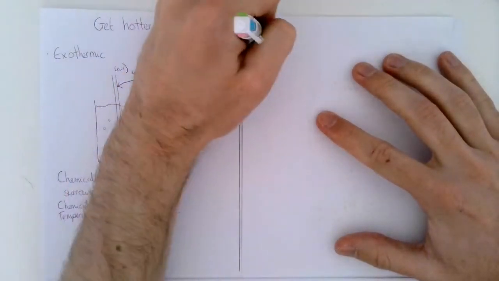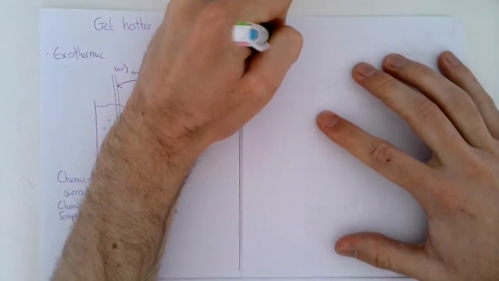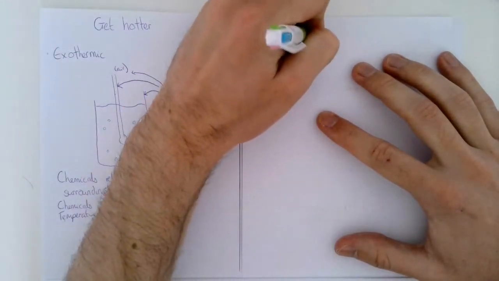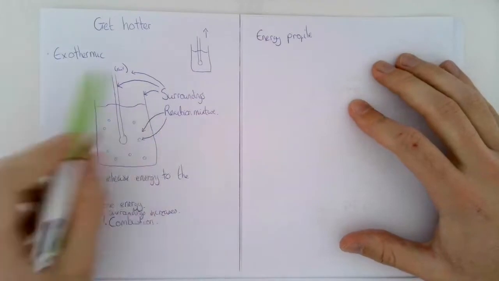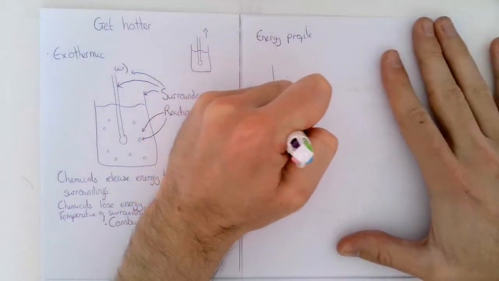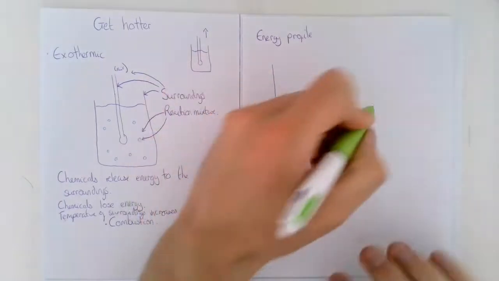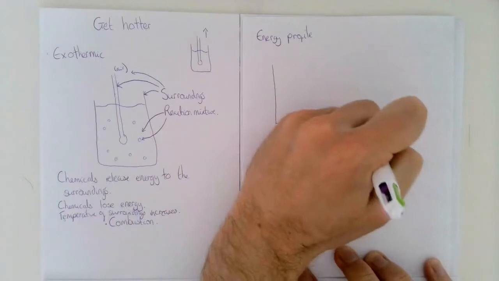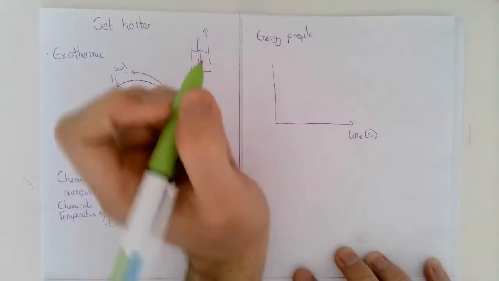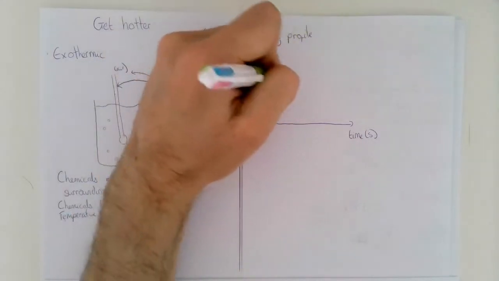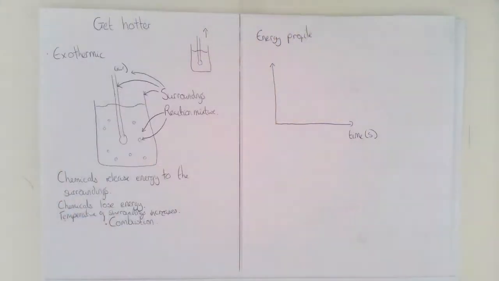What you can do is plot an energy profile, and you need to be able to plot an energy profile for these reactions, for what happens during these reactions. So for an energy profile, you put time on the x-axis, most likely in seconds, maybe minutes, but one of those two units is most likely, so stick with seconds.